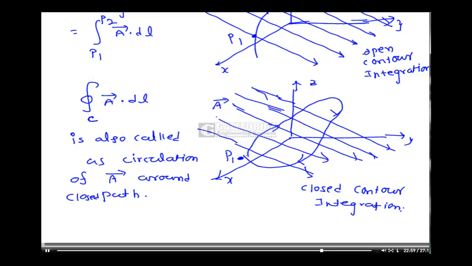That is, a vector field whose circulation around any arbitrary closed path is 0 is called a conservative field, or restoring field.